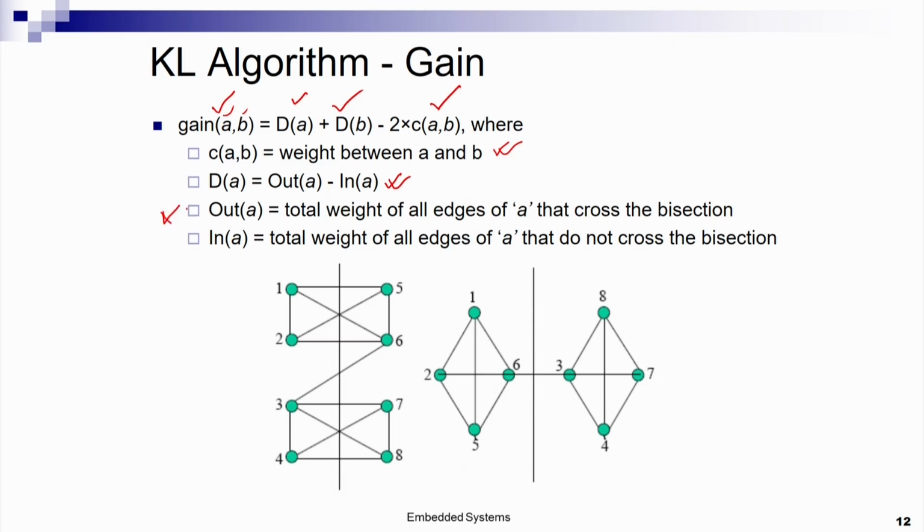So, dA is out A minus in A, where out A is the total weight of all edges that cross the bisection, and in A is the total weight of all edges that do not cross the partition.